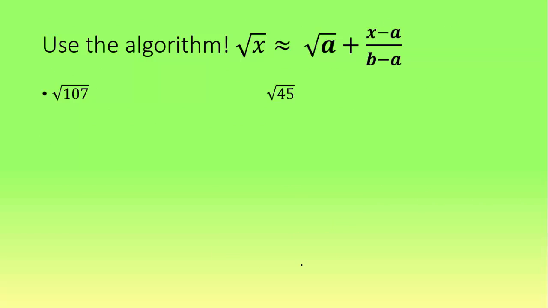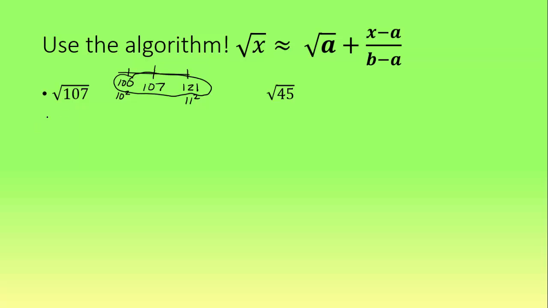Let's try it. So here's the formula, and here are two irrational square roots. 107 is between two perfect squares, 100 on this side and 121 out here somewhere. So 107 is between them, but it doesn't have a rational square root. So we're going to use these numbers in our formula.